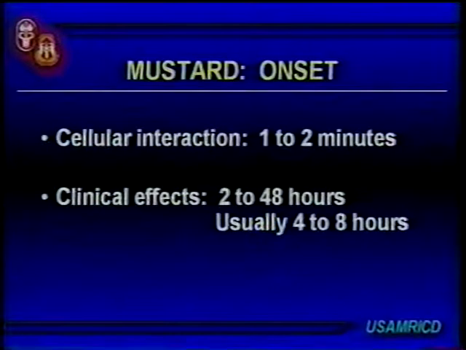I've told you that it interacts in 1 to 2 minutes. You decon it in 2 minutes or less, you're going to get off scot-free. They used to do this down in Alabama, Anniston, at the chem school, the non-medical course, in the old days, when I would have been a young fellow. They used to put a drop of mustard, a dilute drop, on each forearm.